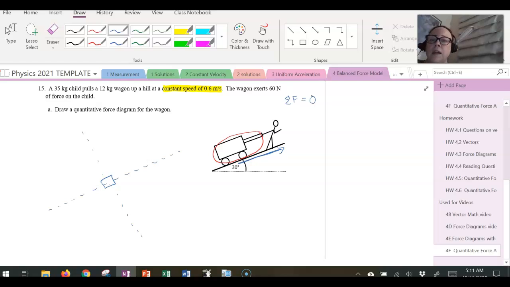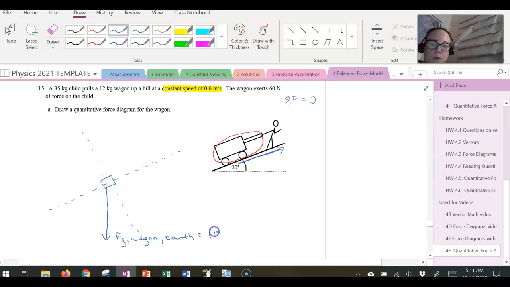Okay. So don't get confused by them giving me the amount of the velocity. That's not what's important. What's important is that it's constant. Let's see. They've given me the mass of the wagon. It's 12 kilograms, and so I could calculate the weight of the wagon, which is the force of gravity on the wagon by the Earth.